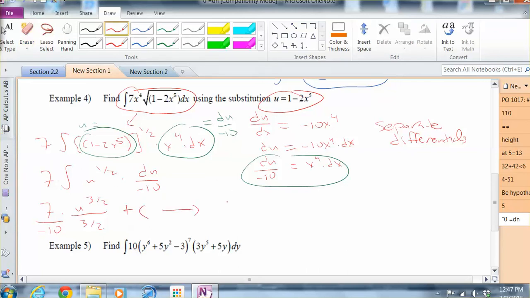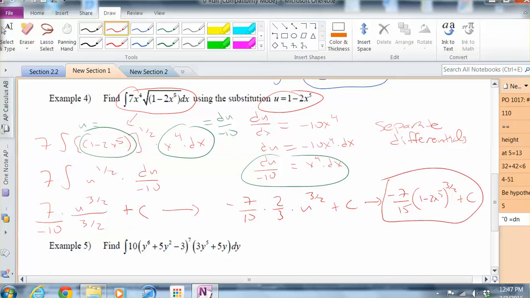So I have negative 7/10 times 2/3 times u to the 3/2 power plus c. Or I can reduce this to get negative 7/15 times (1 minus 2x to the 5th power) the whole thing raised to 3/2 plus c.